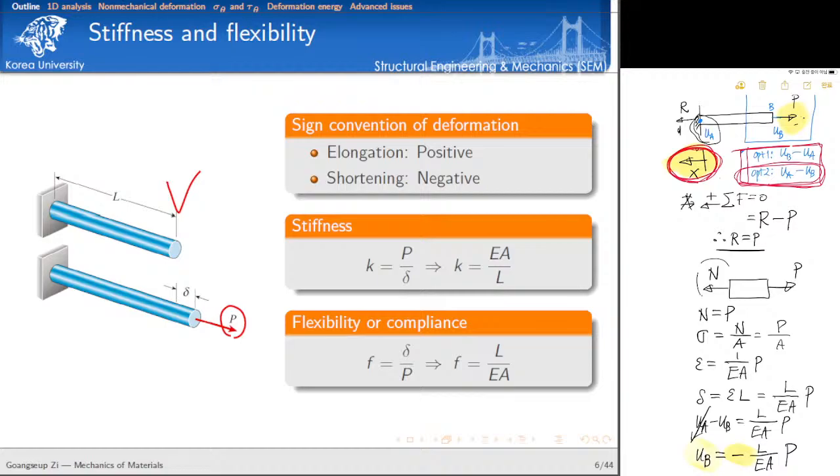So the minus sign means my nodal displacement would be generated in the right hand direction. Is it clear? It doesn't matter what kind of coordinate system you want to use, okay? As long as you use a consistent coordinate system from the start of your analysis to the end, then you would get exactly the same result.